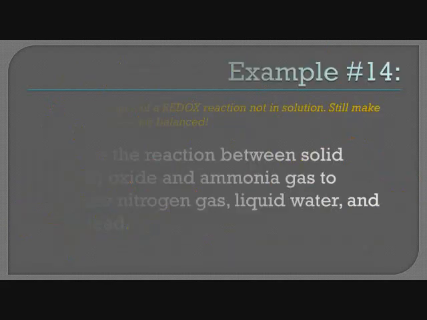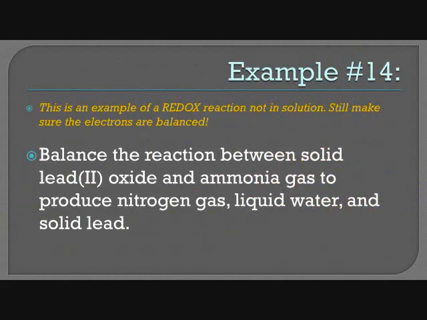The last example we have is an example of a redox reaction that's not in solution, but you still want to make sure that the electrons are balanced. So we want to balance the reaction between solid lead 2 oxide and ammonia gas to produce nitrogen gas, liquid water, and solid lead.